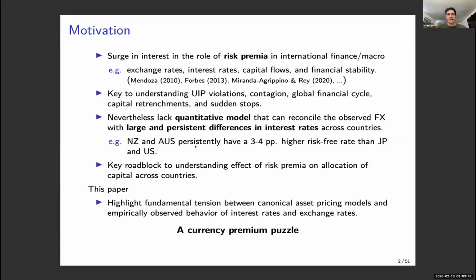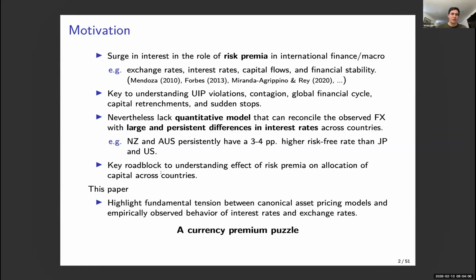So in this sense, I think that the lack of such a quantitative model is a key roadblock to understanding the effect of risk premia on the allocation of capital across countries. And I think it's also the key roadblock to having disciplined models of things like the global financial cycle and so forth, right? So this is really at the core of what we do.